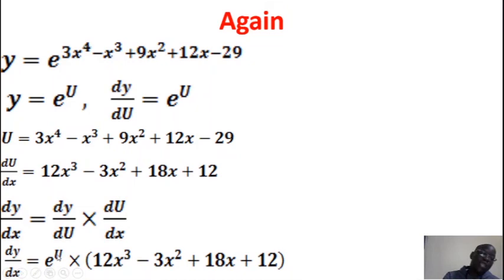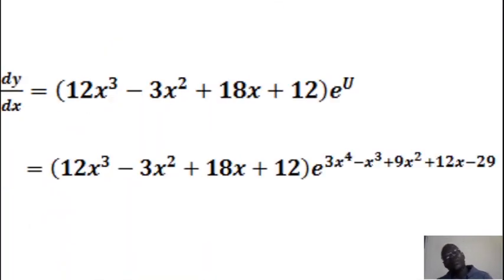So we multiply dy/du by du/dx to get our final result. Having gotten it like this, we recall that u is something, so return what u is. U is 3x raised to the power 4 minus x raised to the power 3 plus 9x squared plus 12x minus 29. Don't say it is long. It is not long. Just do the right thing.